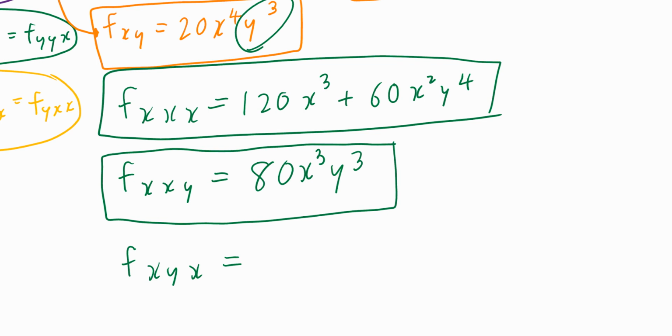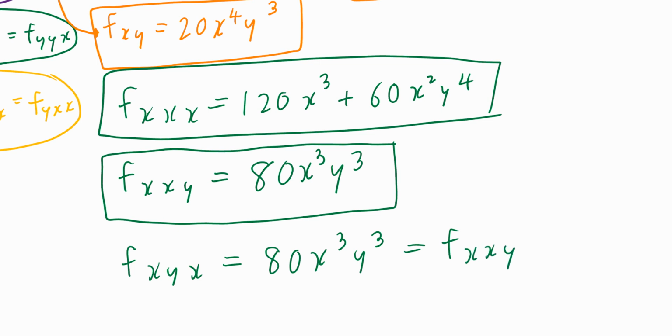When I take the derivative of 20x to the power 4, that's going to be 80 times x to the power 3, and you copy the constant just like that. And again, it should not be a surprise that this equals f_xxy. And I'm going to put an equal sign here when I come back to this in a moment.